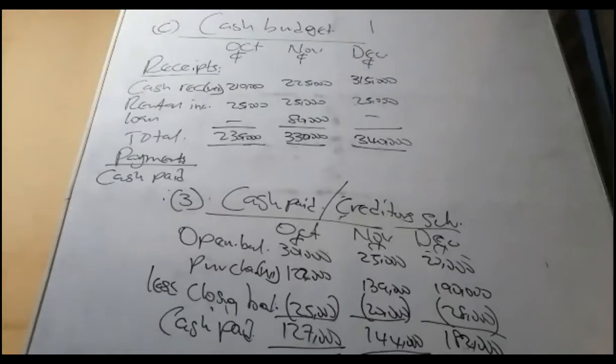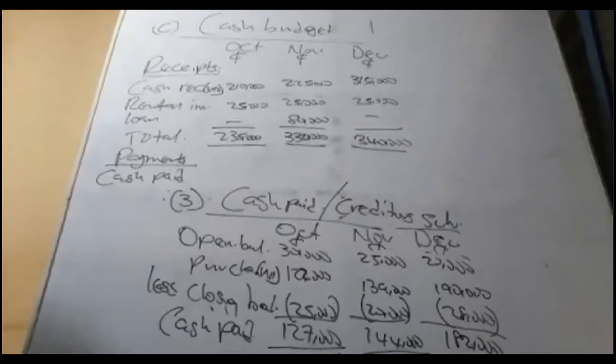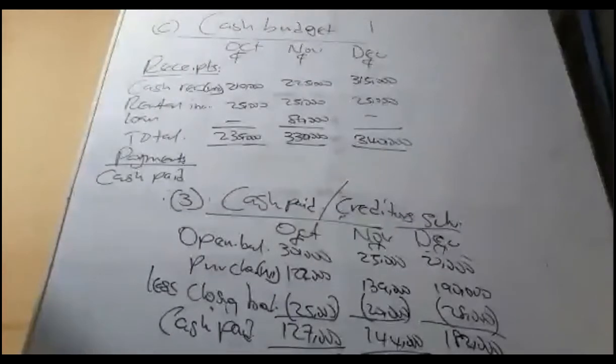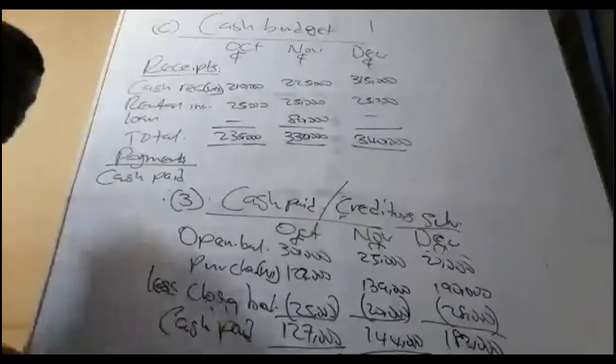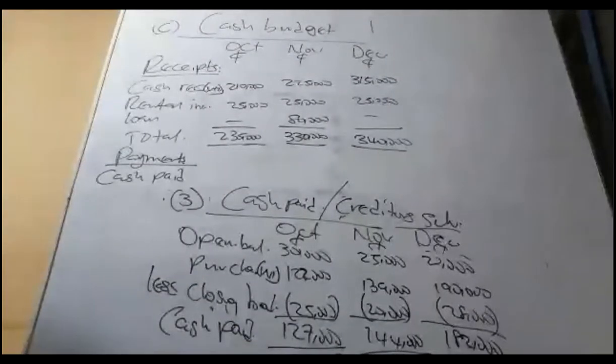Friends online, if you know, you've met these figures before. 127, 144, 182. Please, it's coincidence that they are repeating themselves here. So that's the cost of sales, right? Great. Now let's continue. Finish the question soon.